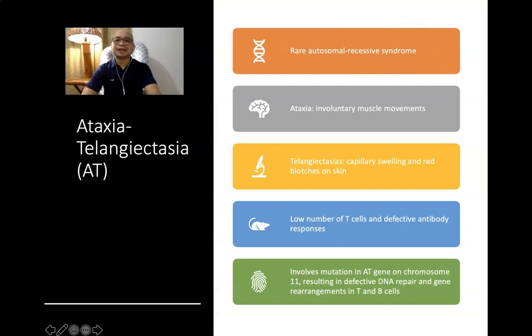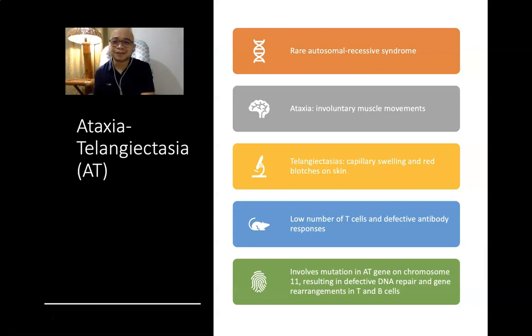Another example of an immunodeficiency disorder is called ataxia telangiectasia. Again, it is a rare autosomal recessive syndrome. What does ataxia telangiectasia mean? Ataxia refers to involuntary muscle movements, while telangiectasia refers to capillary swelling and red blotches on the skin.